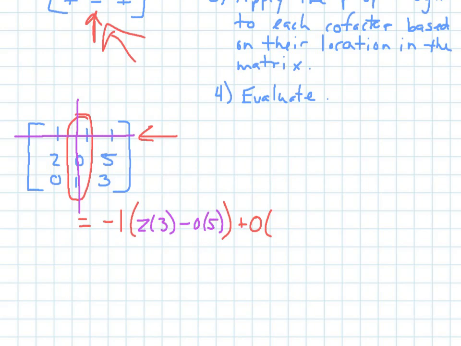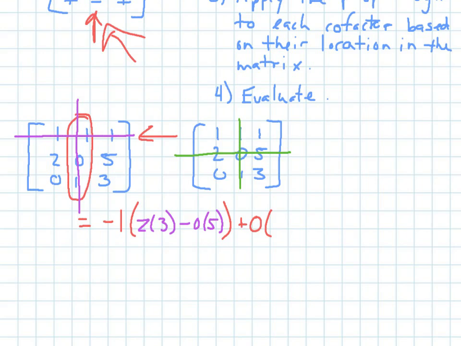But then, actually, let's go back. Let's rewrite this, okay? So make it easier for you to see. Okay, so here if I block out the column 0 is in and the row 0 is in, that leaves you with 1, 1, 0, 3.